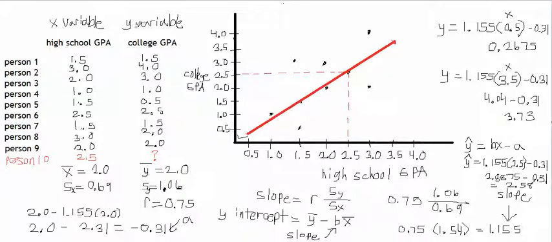The y variable is college GPA, so these are the y values, the college GPAs. This is actually a predicted y value. So in our example, it's a predicted college GPA.